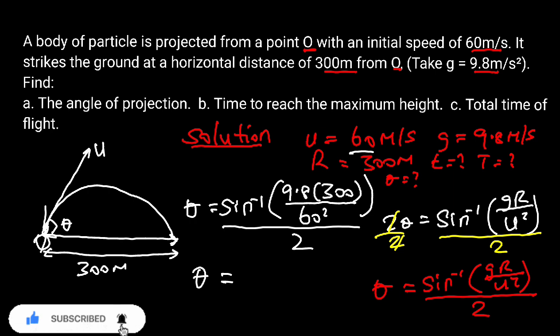So we have sine inverse of 9.8 multiplied by 300 divided by 60 squared, then everything divided by 2.